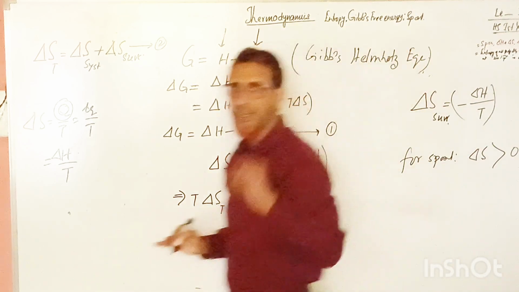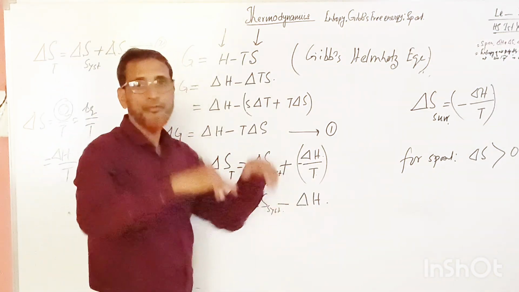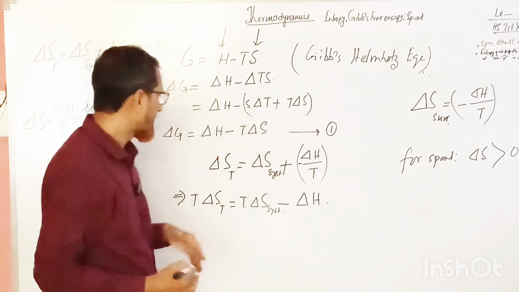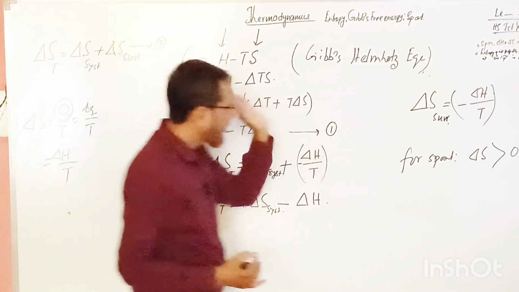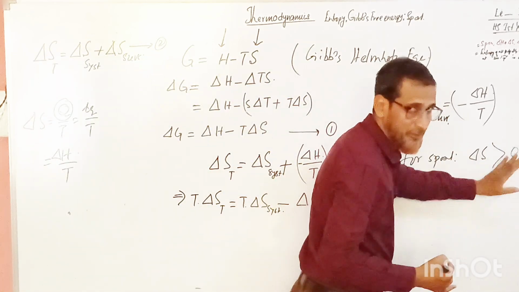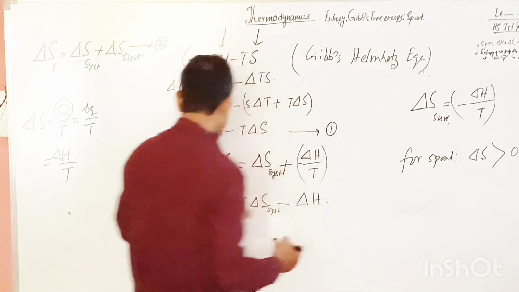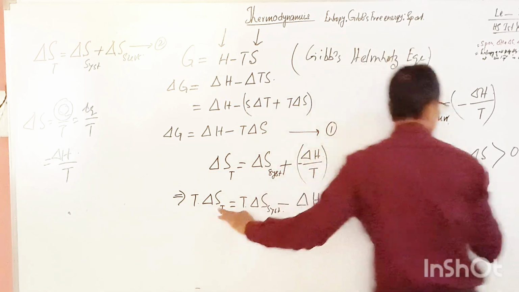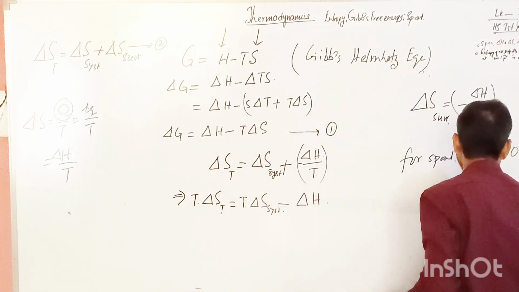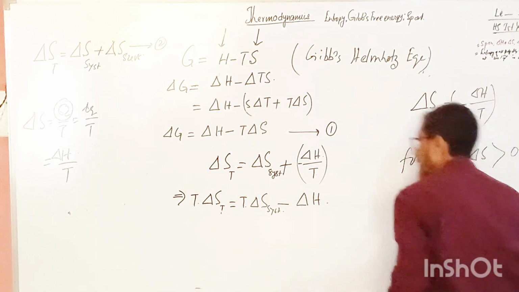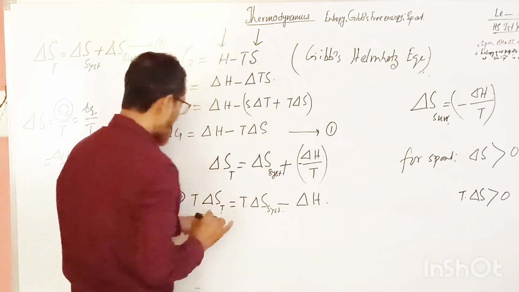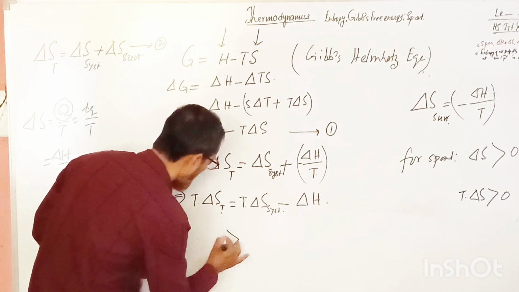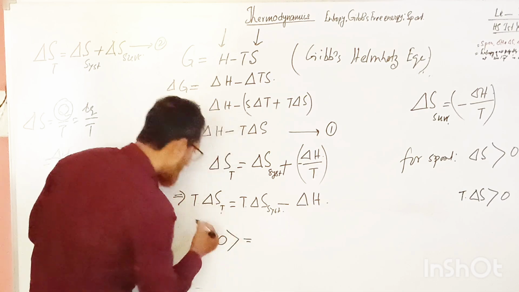It is known to you from earlier classes that the randomness of the universe is always increasing; entropy is increasing, so it is a spontaneous process. So for a spontaneous process, entropy must be greater than 0. If del S is greater than 0, then T del S is also greater than 0. Then this term must be greater than 0.